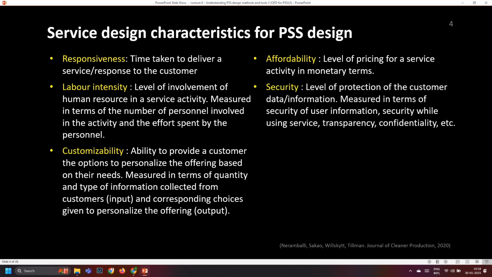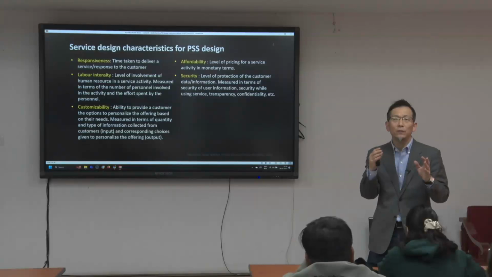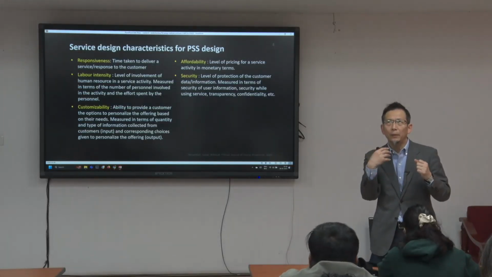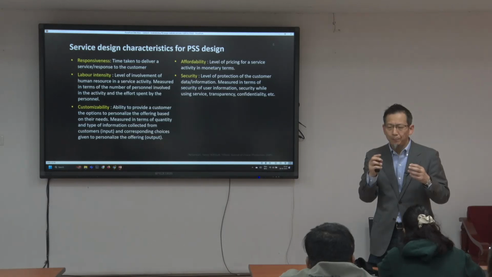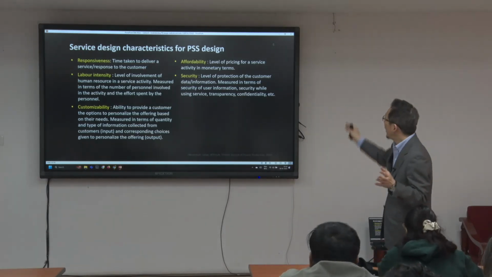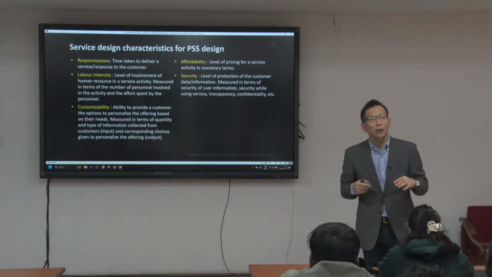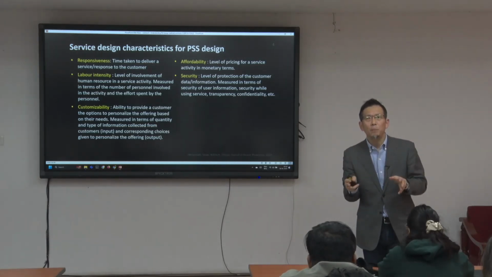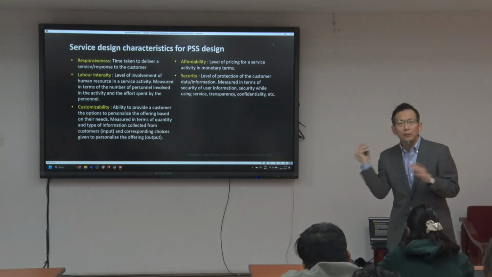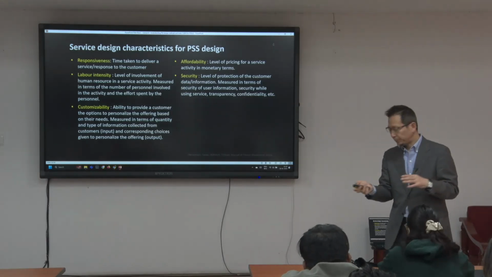And security is related to information sharing and also information integrity, because service tends to exchange information between the customer and the provider, and this aspect can be very important, and designers should take this aspect into account.